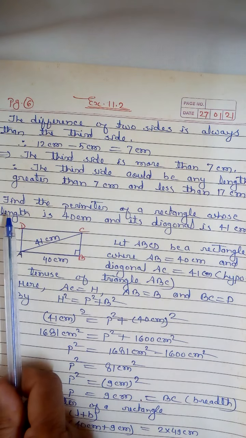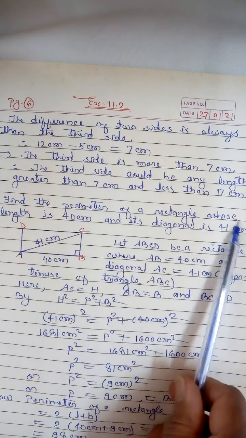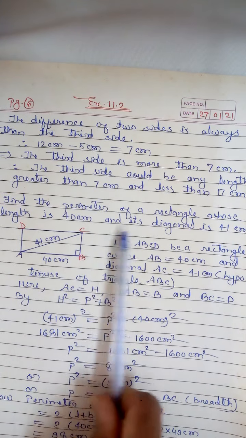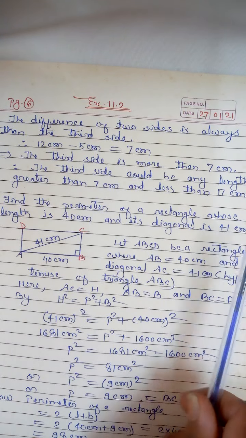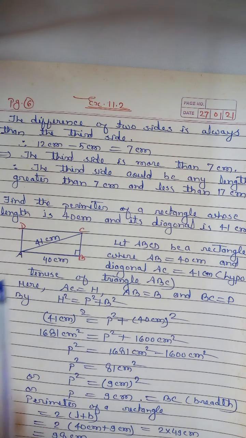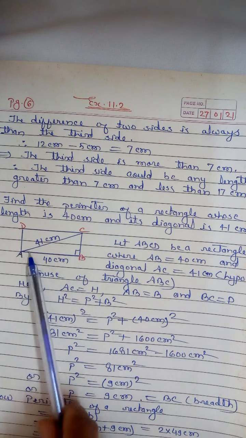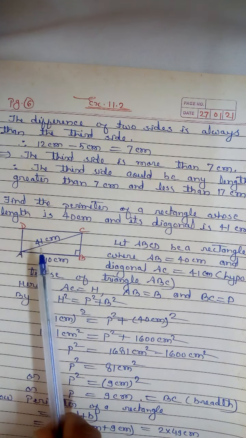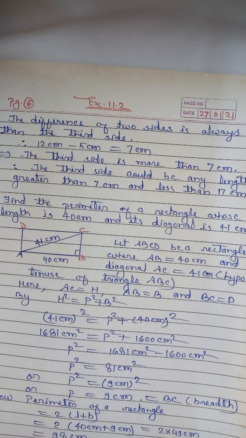The last question is, find the perimeter of a rectangle whose length is 40 centimeters and its diagonal is 41 centimeters. Let ABCD be a rectangle where AB equals 40 centimeters and AC, which is the diagonal of the rectangle, is 41 centimeters.